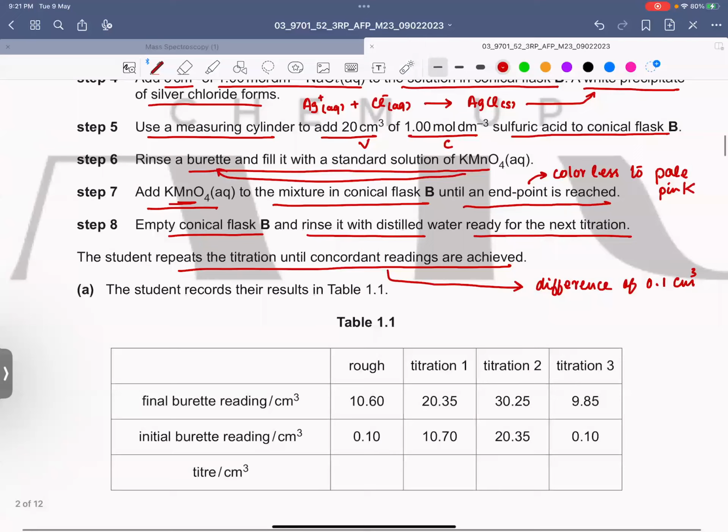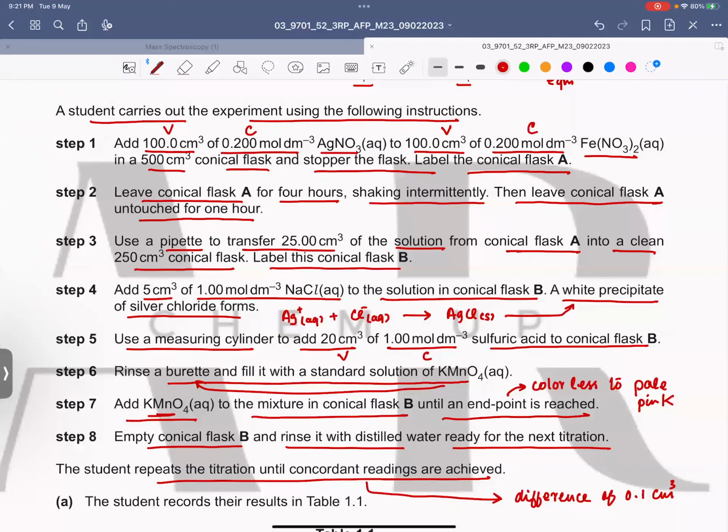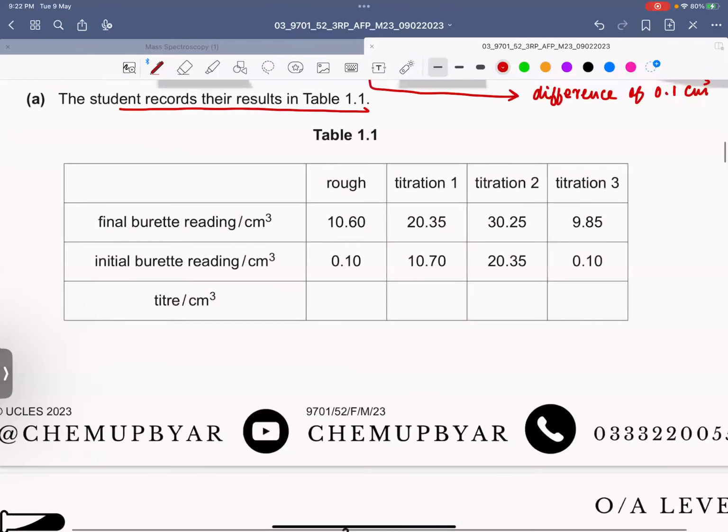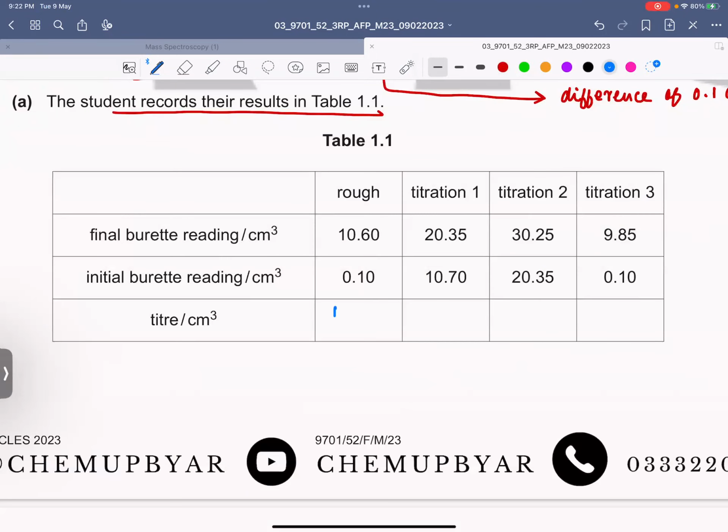The student records their results in table 1.1. Part 1 is saying you have to complete table 1.1. So to complete the table, you have to take the differences. Here, it would be 10.50. If you subtract these two, 19 minus 10 would give you 9, so 9.65.